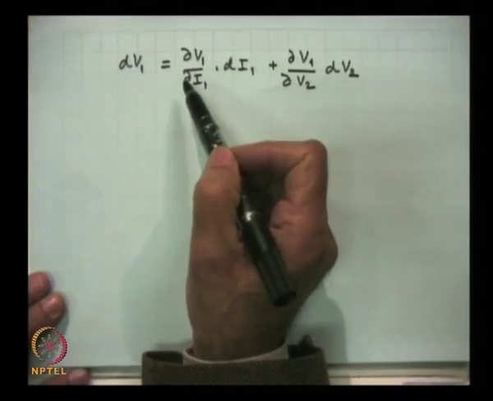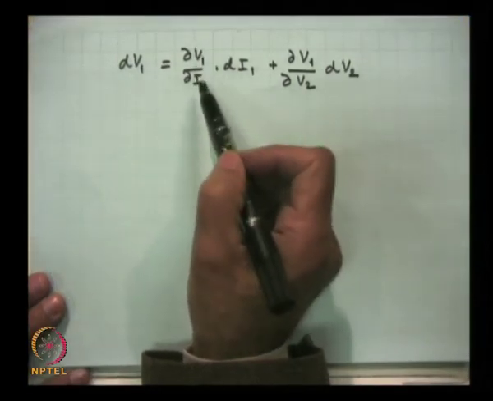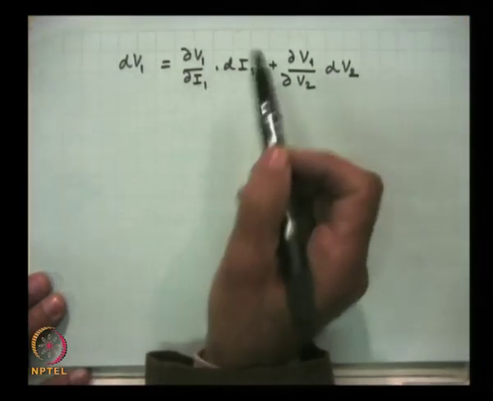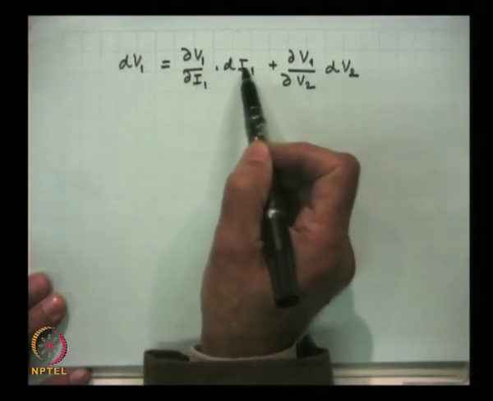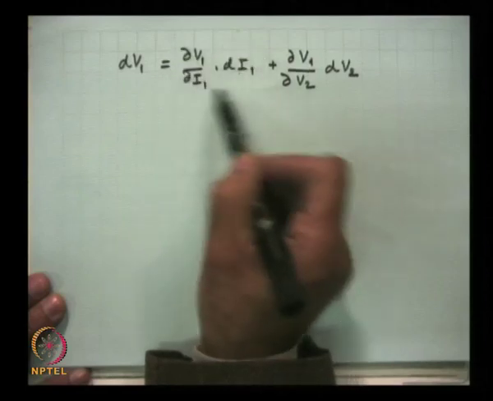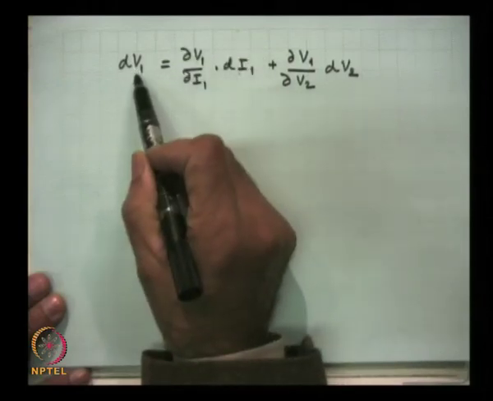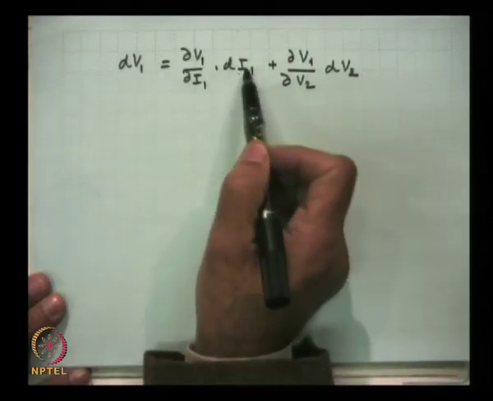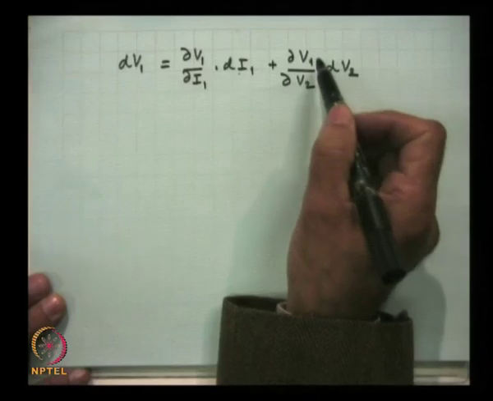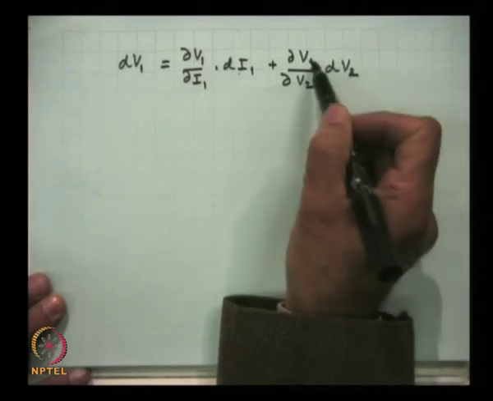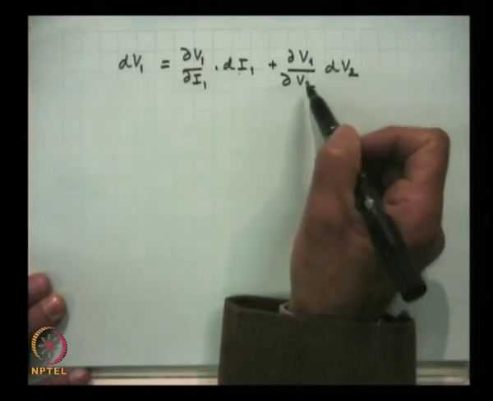This is the rate of change of V 1 with I 1, and if I 1 changes by d I 1, then this gives the total change in V 1 as a result of the change in the current. And this term is the change in V 1 because of V 2.